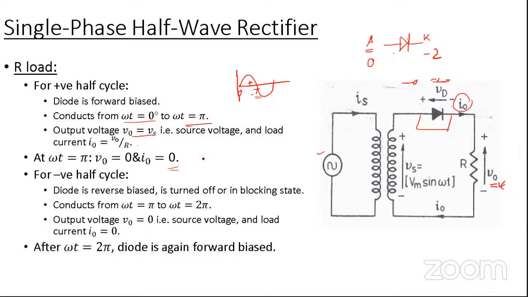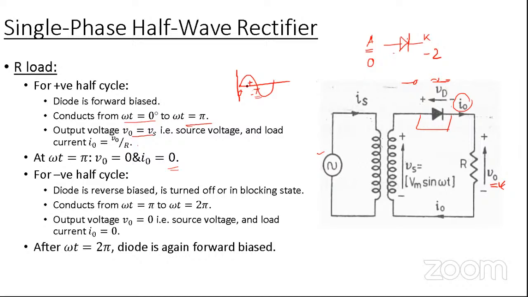This condition is called the diode being in off state, or the diode in reverse bias, and that is also called the blocking state. This zone stays from omega t equals pi to omega t equals 2 pi. In this condition, the output voltage is 0, so automatically the load current is 0.